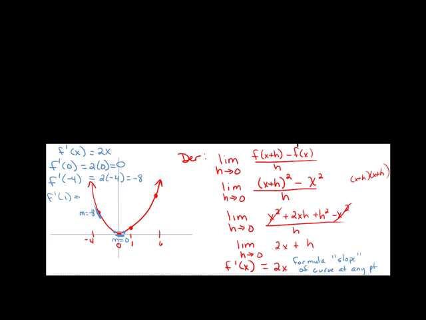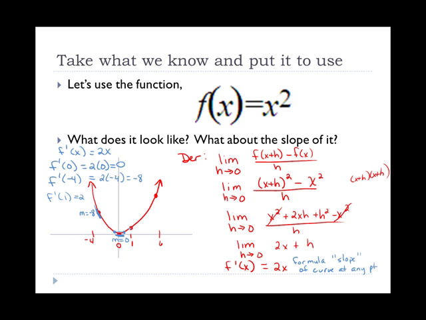And how about at 1? That would just be 2 times 1 is 2. So the slope of that tangent line is 2. And at 6, the slope of that tangent line is 2 times 6, which is 12.